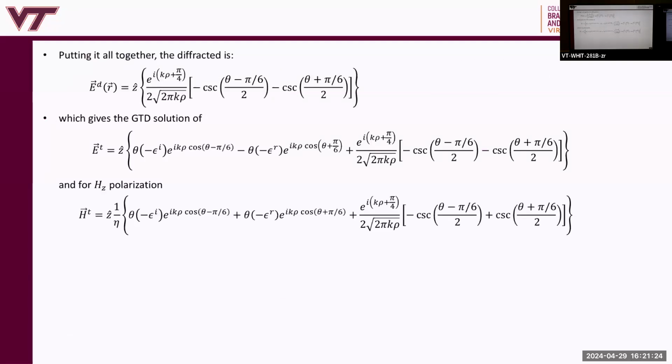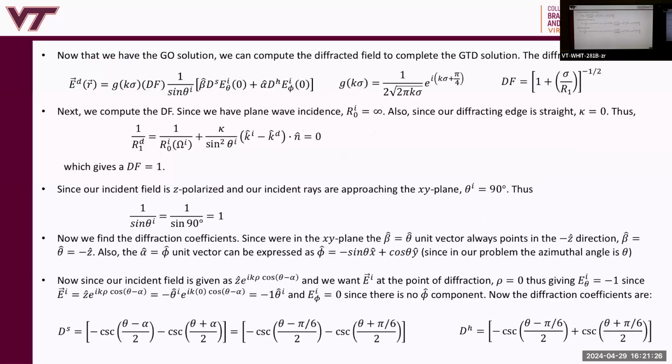Putting it all together, if we go back here, this equals 1 and this equals 1, so these two things drop out, and we just have this term. We know E theta incident is -1, we know beta hat is minus theta hat, so these two minuses cancel, and we just get theta hat, ds, the soft diffraction coefficient, and gk of rho.